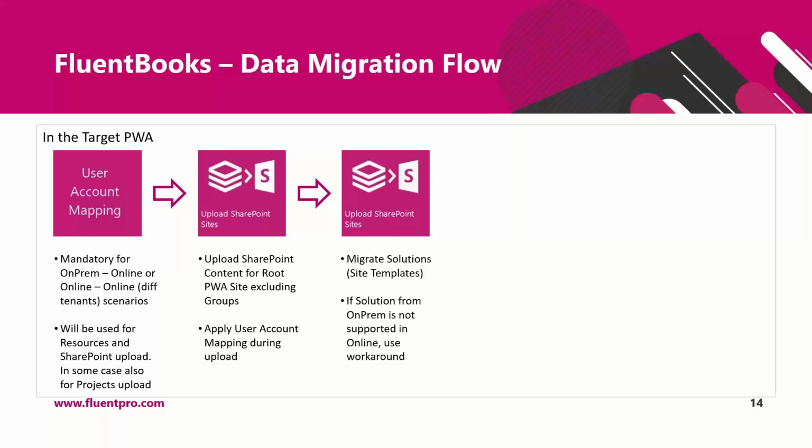In this case, you will not be able to migrate your site template as a WSP file, and you will need to use a workaround and migrate this site template using FluentBooks. What you would need to do is to create a blank site from the site template in your source PWA, download this site using FluentBooks, then upload this site into the target PWA and save it as a template, providing the correct name to this template.